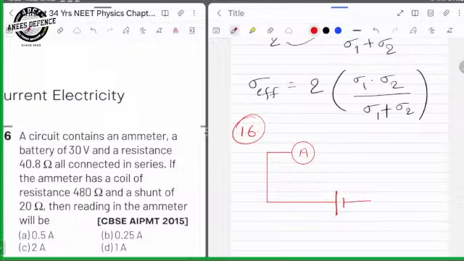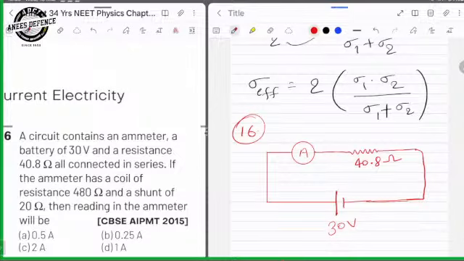Battery is 30 volt. Ammeter. And a resistance. Resistance is how much? 40.8 ohm. Is it clear? All connected in series.